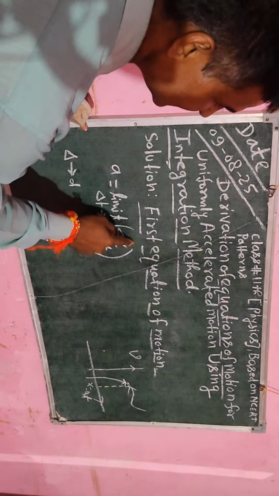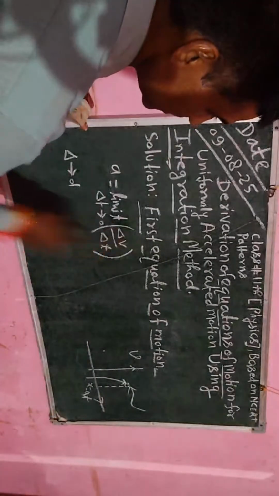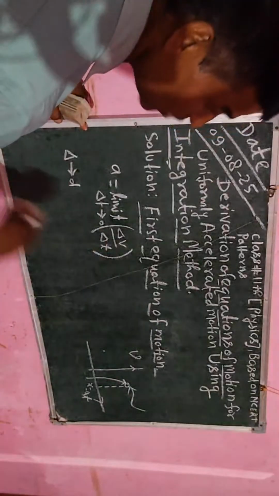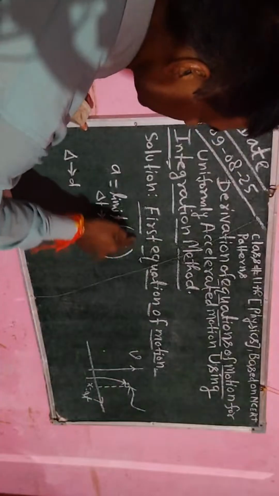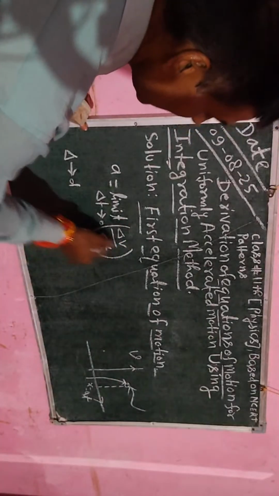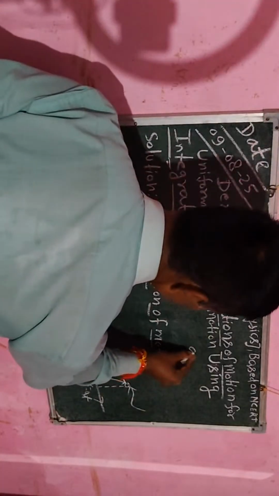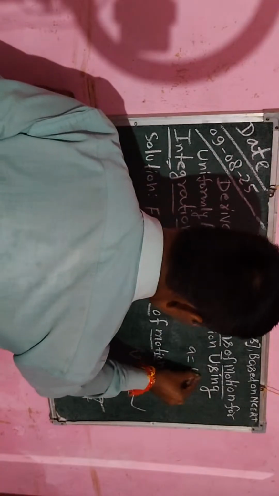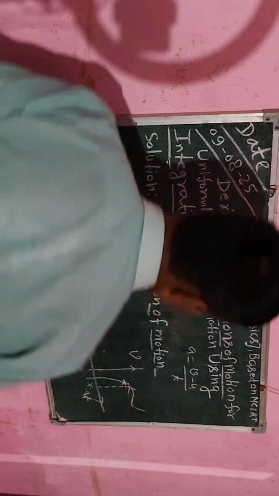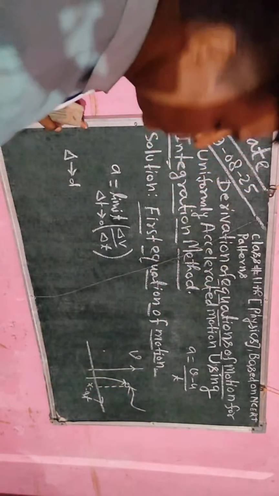One velocity is the initial velocity and one velocity is the final velocity, because any object moving from one point to another will have initial velocity u and final velocity v. So I can write acceleration equal to final velocity minus initial velocity divided by t. That will have a time duration t.